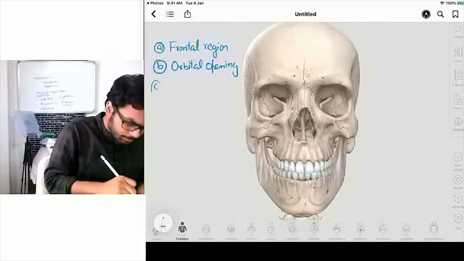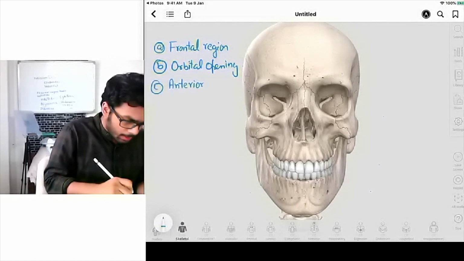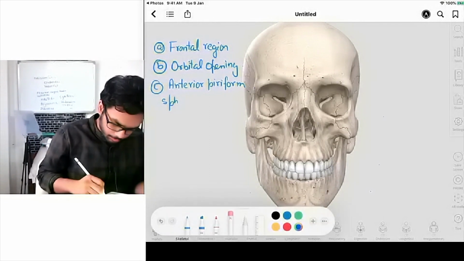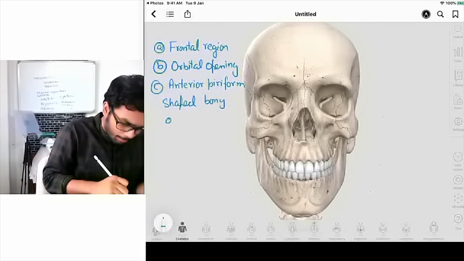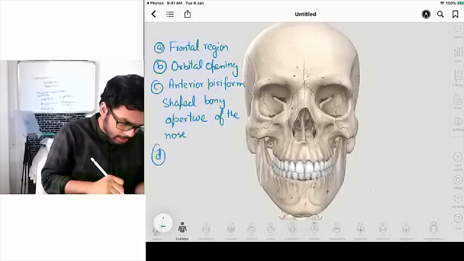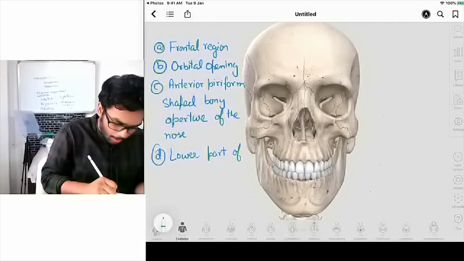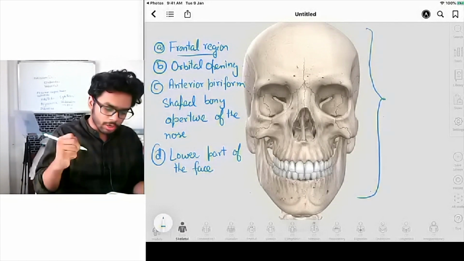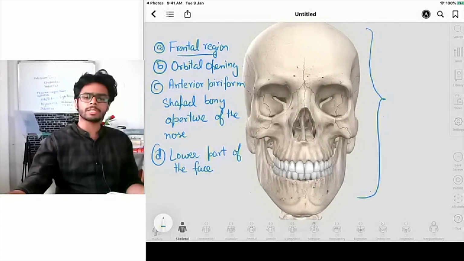C is the anterior piriform. What do you mean by piriform? Piriform means pear-shaped bony aperture of the nose. And D is the lower part of the face. So we will study this whole view region-wise. Then it will be easier for us to understand.